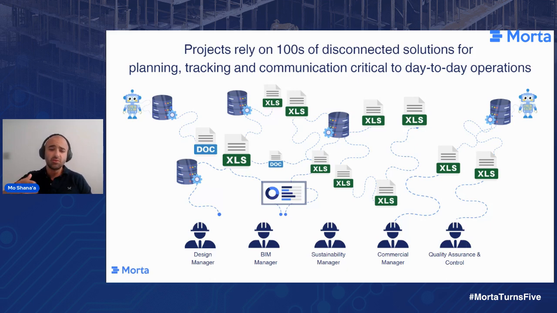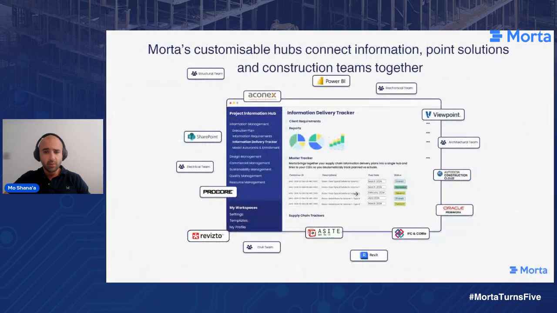And that's the case regardless of who I am within a project, whether I'm a design manager, a BIM manager, a sustainability manager, a commercial manager, and even more recently seeing more QA and QC coordinators. They all pull data from these systems and then update Excel-based trackers with this information. And that causes all kinds of challenges from increasing risk to decreasing productivity.